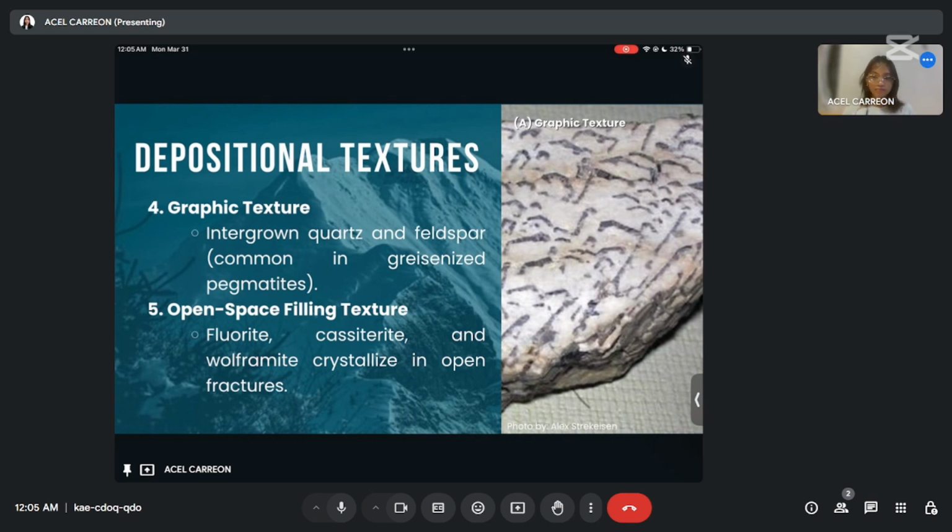Lastly we have the open space filling texture, which is a hydrothermal alteration of granite, typically feature minerals like quartz, muscovite, and potentially topaz, fluorite, and tourmaline filling in fissures and cavities within the altered granite.